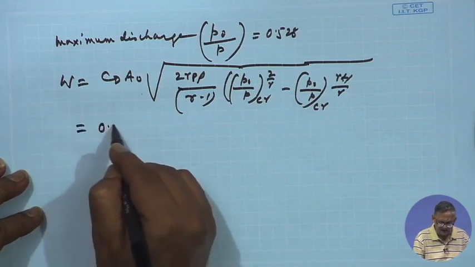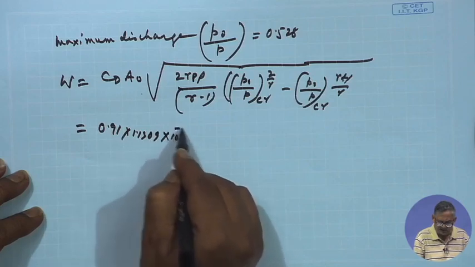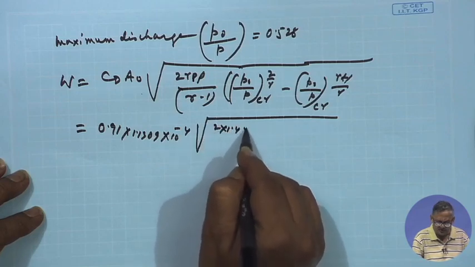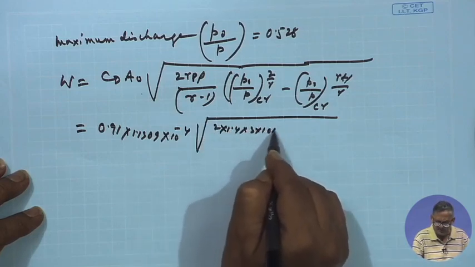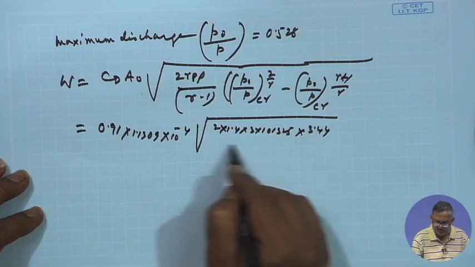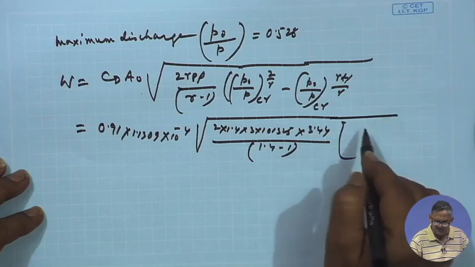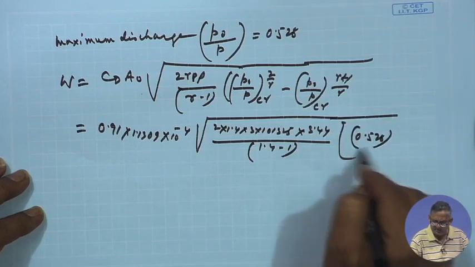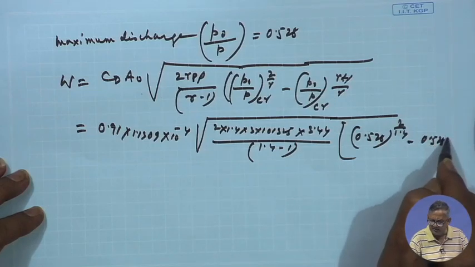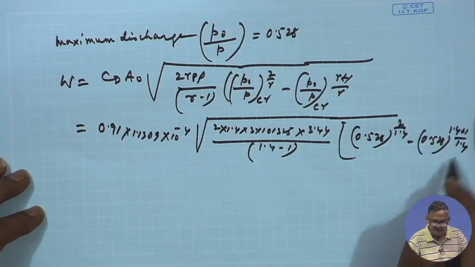So this becomes 0.91 into 1.1309 into 10 to the power minus 4 under root 2 into 1.4 into 3 into 101325 into rho is 3.44 by 1.4 minus 1 into 0.528 to the power 2 by 1.4 minus 0.528 to the power 1.4 plus 1 by 1.4, right.